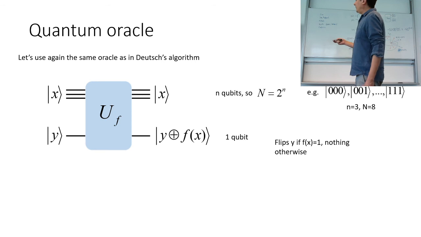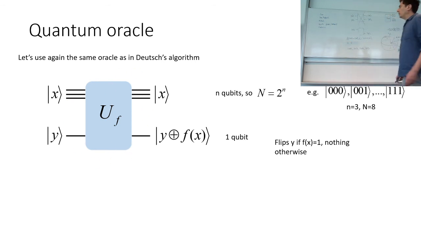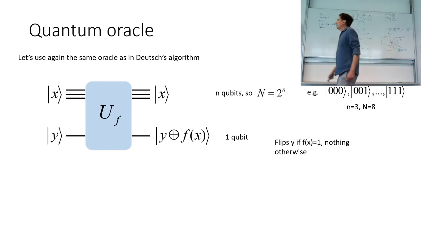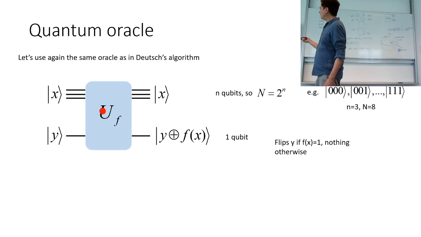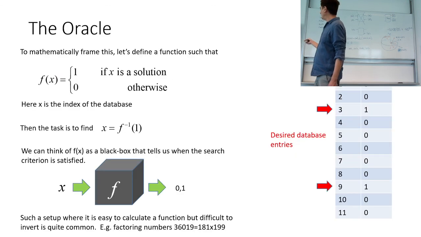So the setup that we're going to have is a lot like with Deutsch's algorithm, but with more qubits. Here's our input value, and I've drawn a few lines here because the input is generally going to be quite large, so there's going to be lots of different elements.